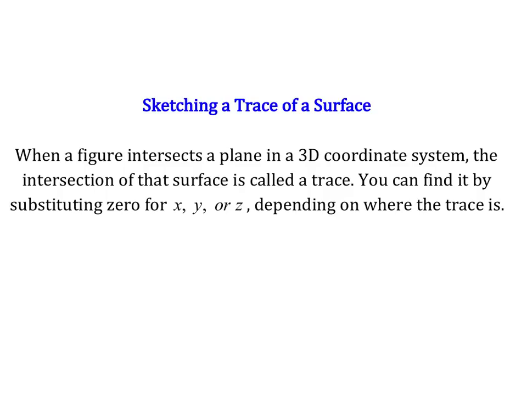If you chopped a sphere or you slid a plane right through it, the shape that would make would actually be a 2-dimensional circle. So we can find that trace by either substituting 0 for y, x, or z, depending on which plane you're trying to find the trace for. And once again, we're essentially finding a 2-dimensional equation for that intersection with a 3D shape and a plane.